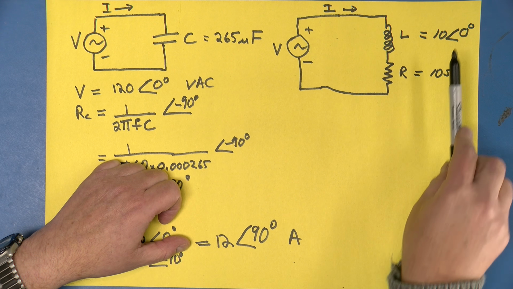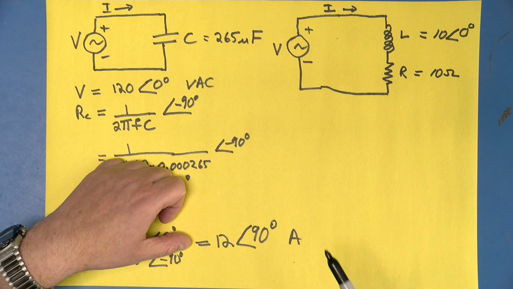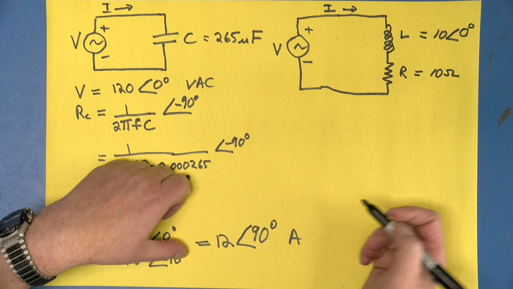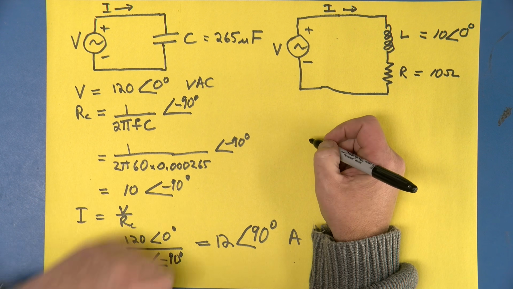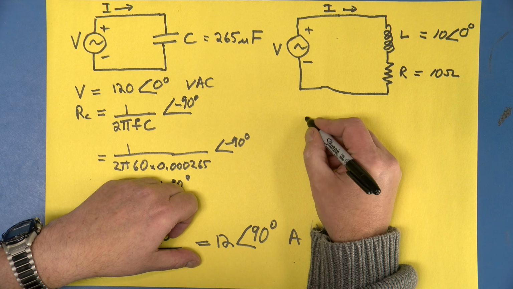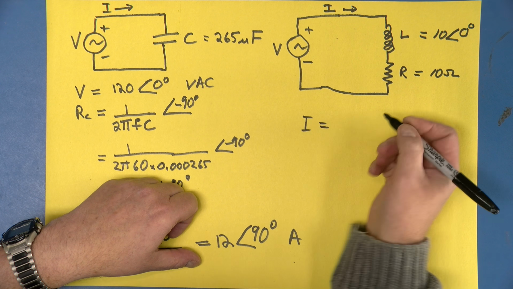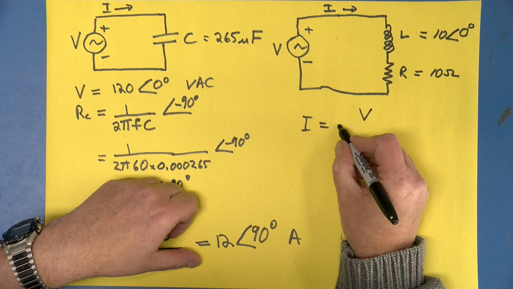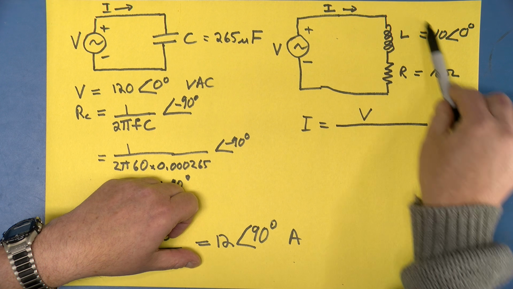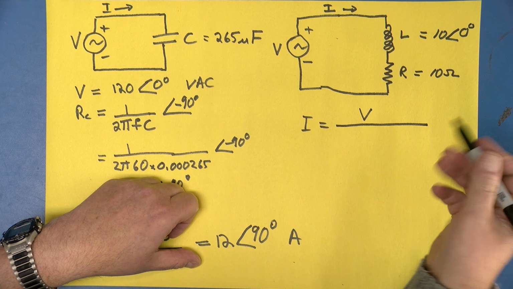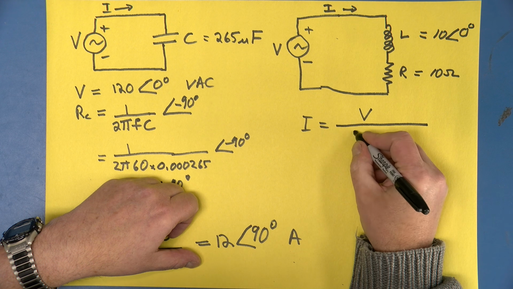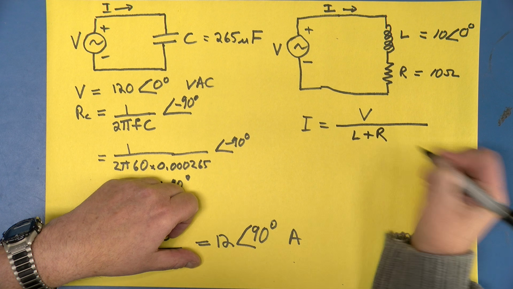How do we add them? We'll look at that a bit later. So once again, we have the very simple Ohm's law equation. In this case, I equals V over the total of all of this, so we'll just say it is L plus R.